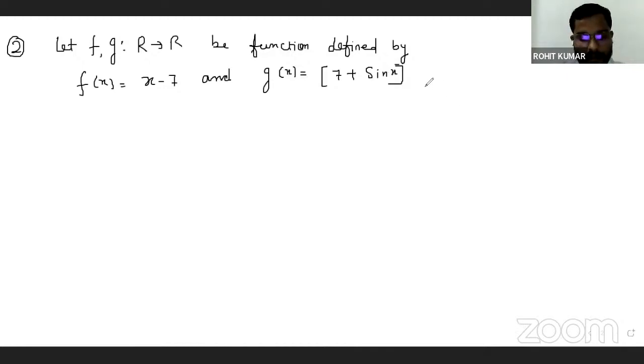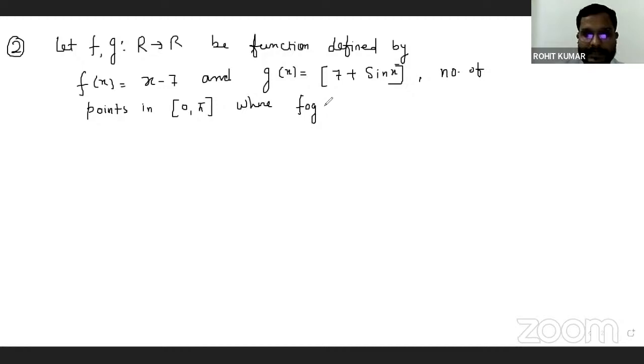We have to find the number of points in 0 to pi where fog(x) plus gof(x) is not continuous.